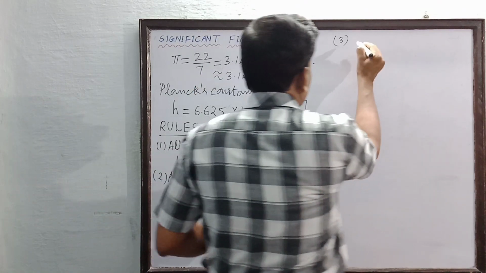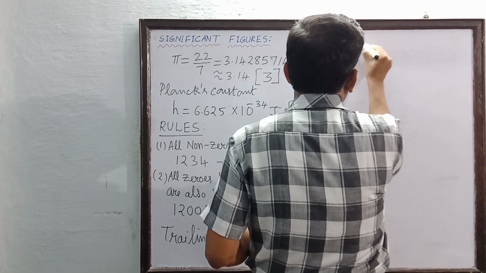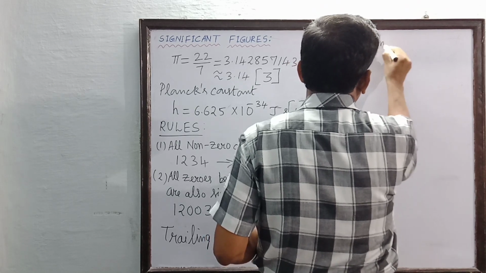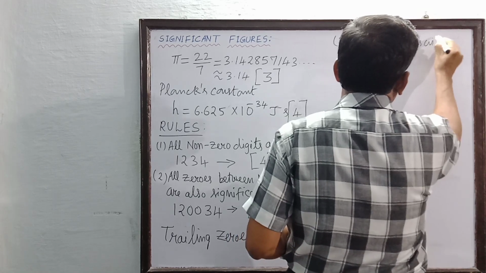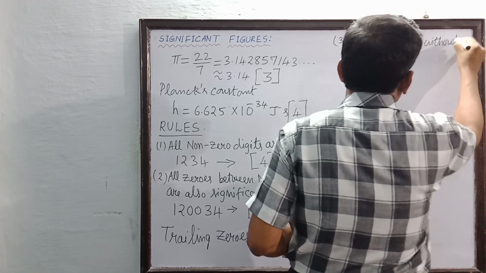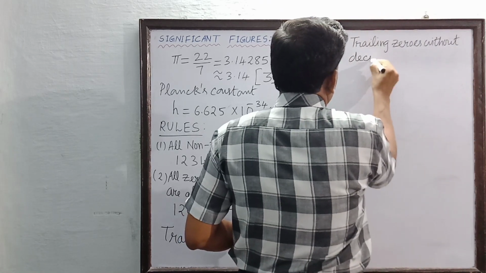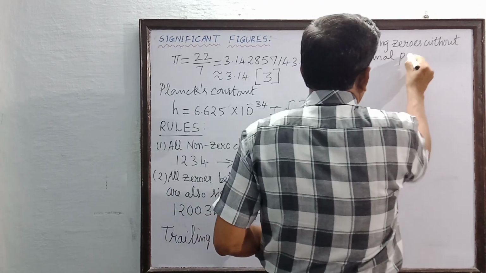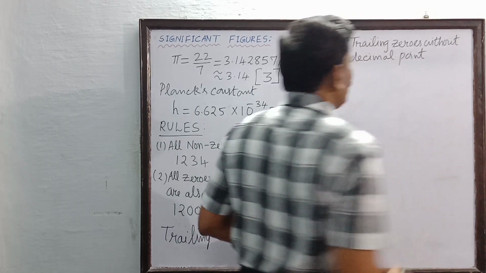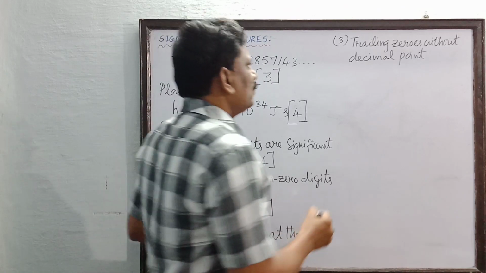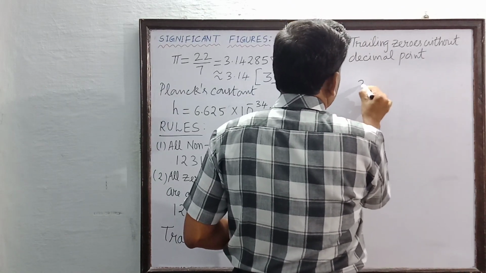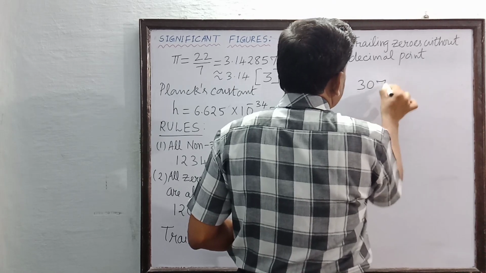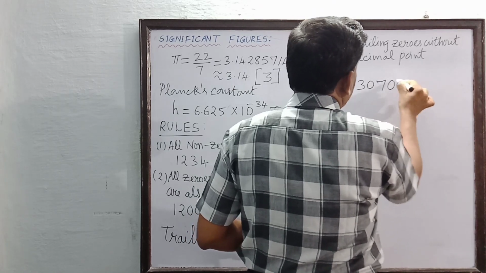So first, I will take trailing zeros without decimal point. So at the end, without any decimal point. So for example, I will take 3, 0, 7, 0, 0.